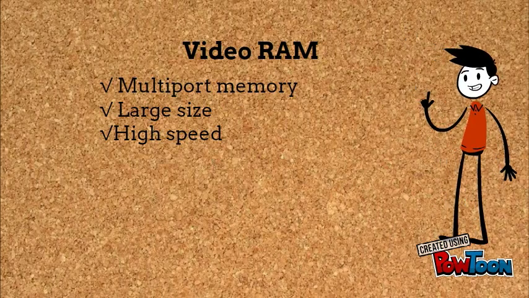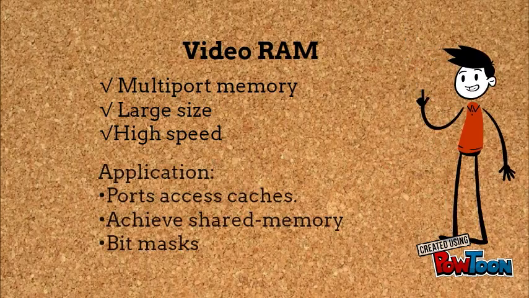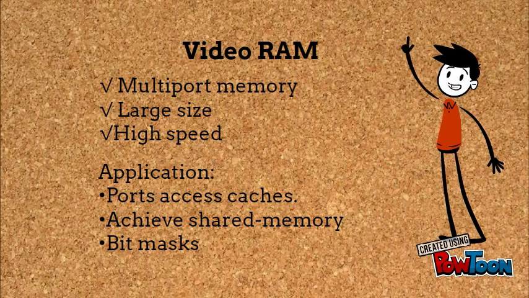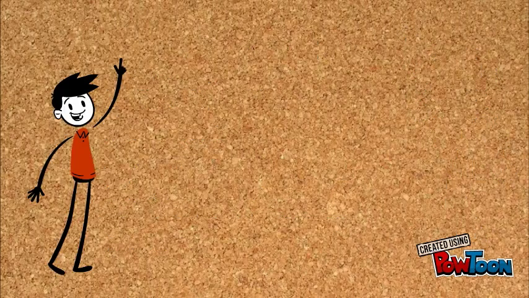Video RAM could satisfy our requirement. It is a multiple port memory with large size and high speed, and the ports could access caches. It achieves high shared memory, and the bit mask can show which bit to write in the row.